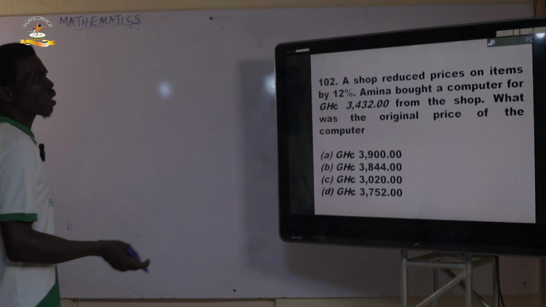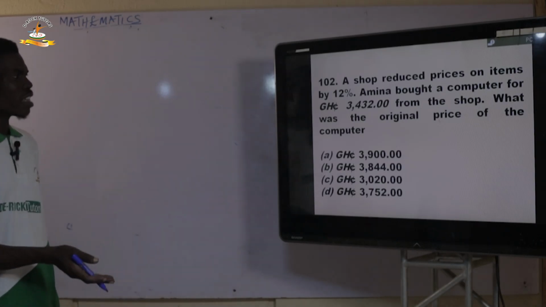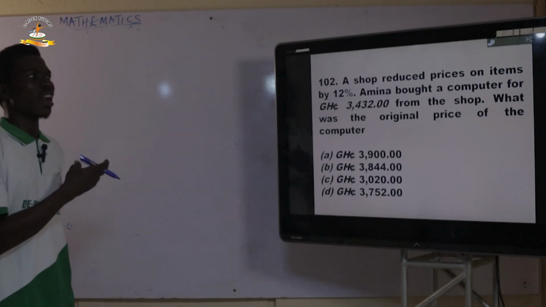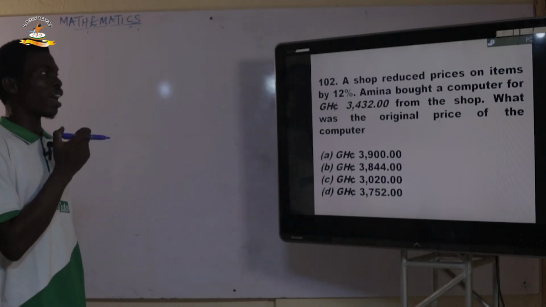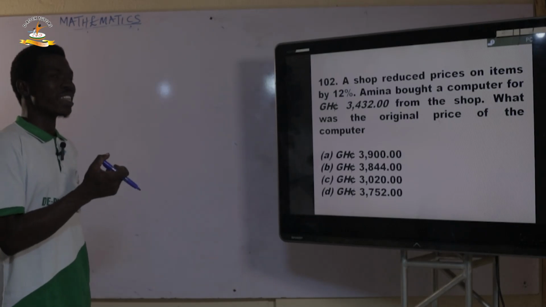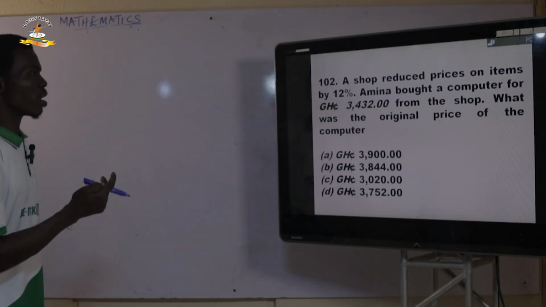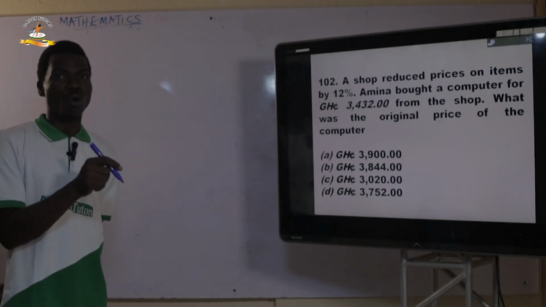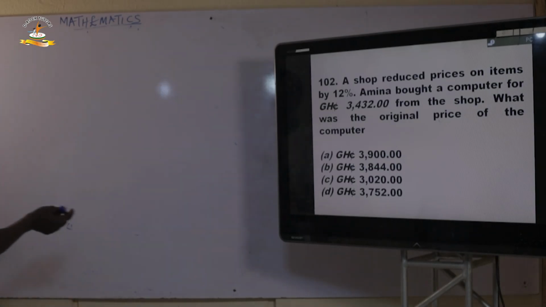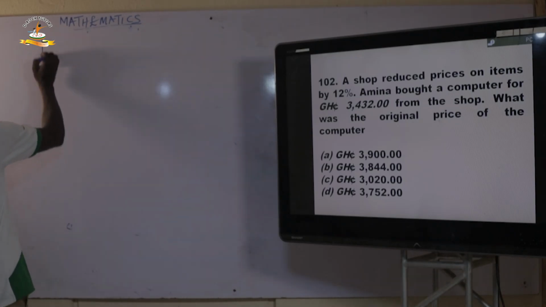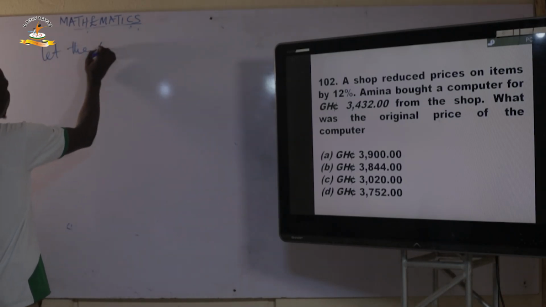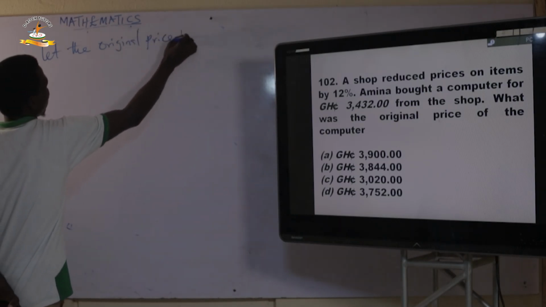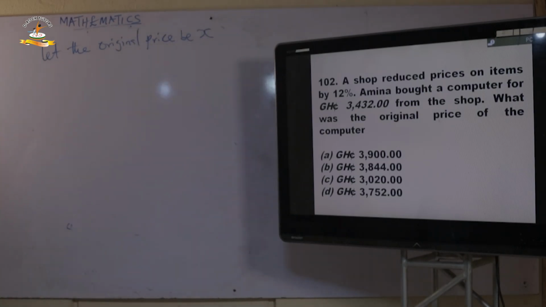Don't forget that the shop has allowed a kind of reduction in price, or allowance, of 12%. So if Amina had to buy it originally, how much would it cost? Let the original price be X Ghanaian cedis.